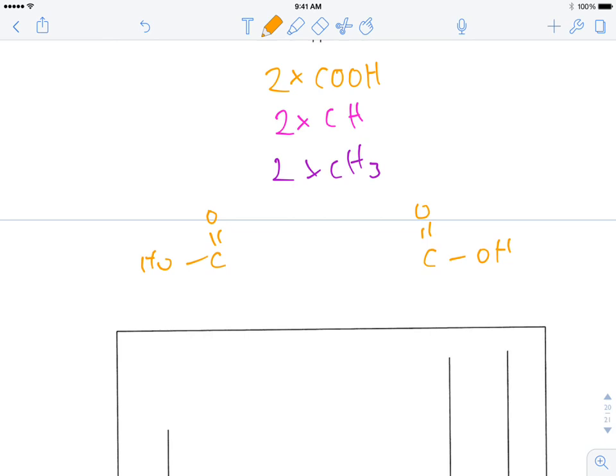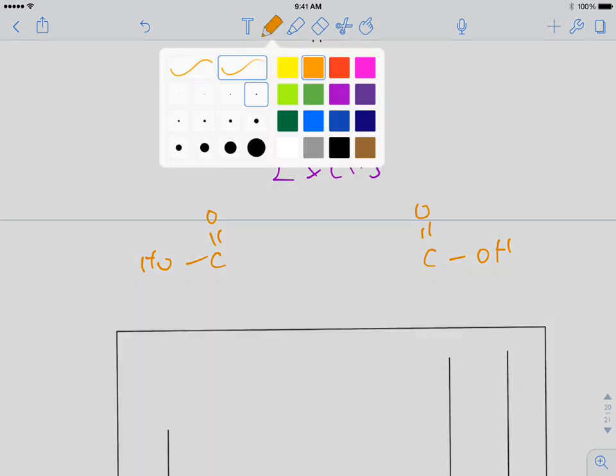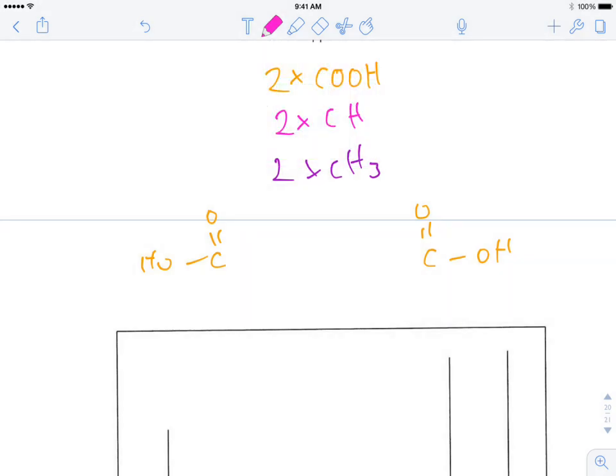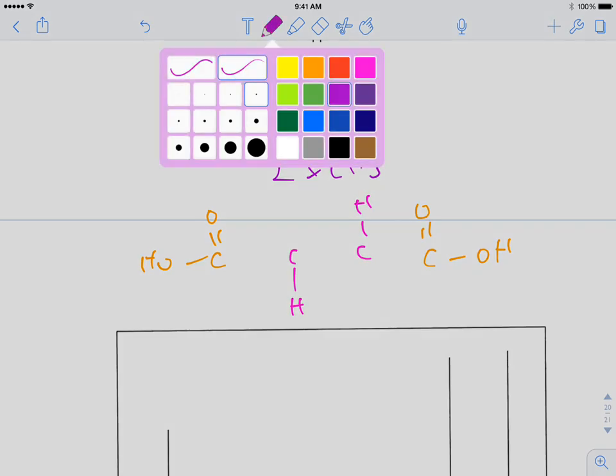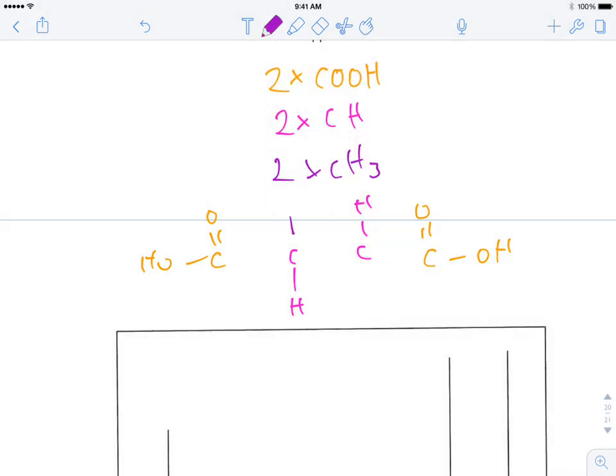So, let's start with just throwing in a CH. So those CHs we agreed are connected to CH3s. So now we want to see how all the pieces are connected.